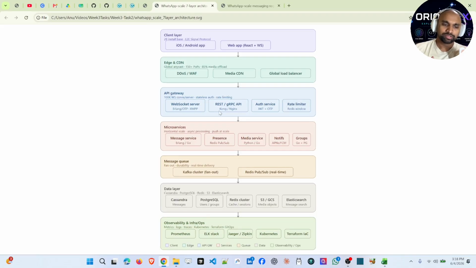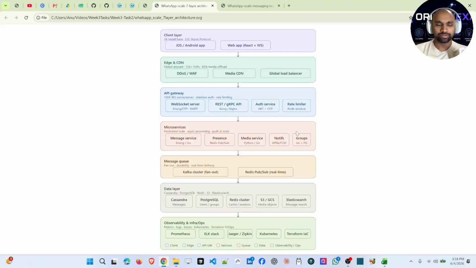These are used as a reverse proxy to isolate the existing system from the entire outside world to avoid unwanted attacks. And auth service with JWT and OTP, and for rate limiter we can use Redis.